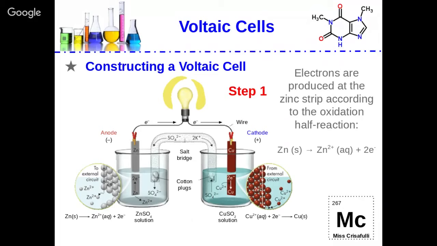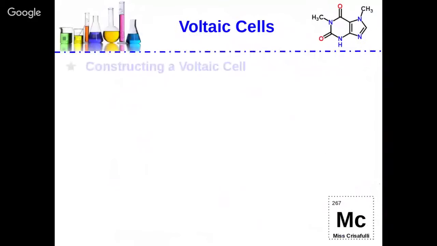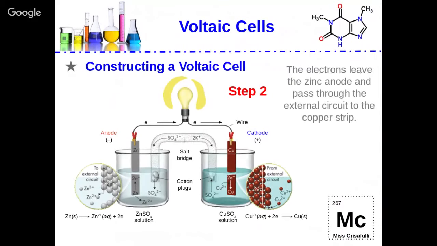Those electrons are going to flow from the left beaker to the right beaker, and they are going to light up that light bulb as they go across. Step 2: the electrons leave the zinc anode and pass through the electric circuit to the copper strip, and we're going to see that because the light bulb is going to light up.